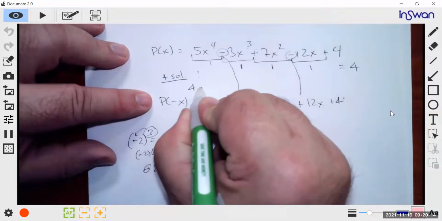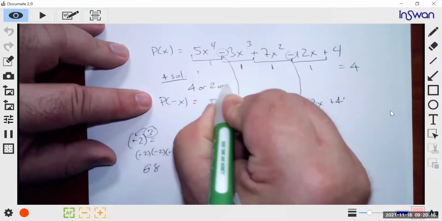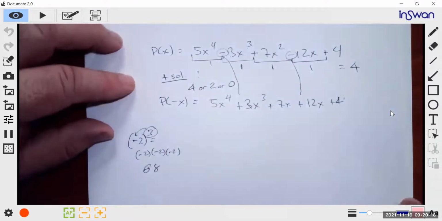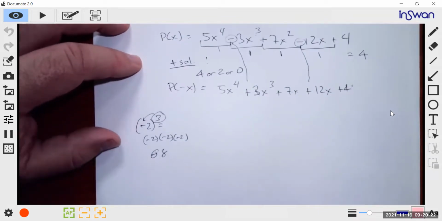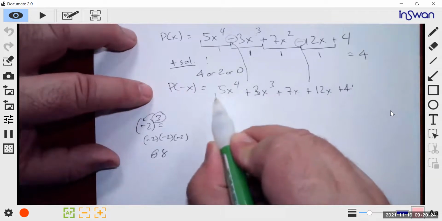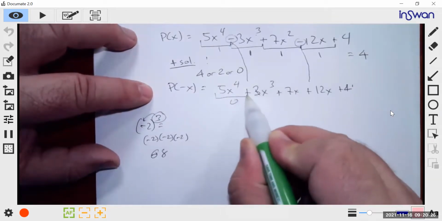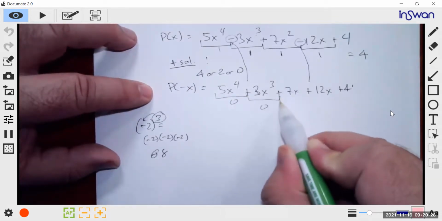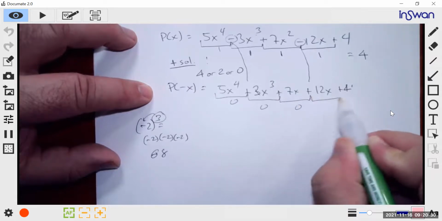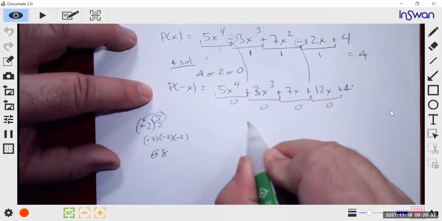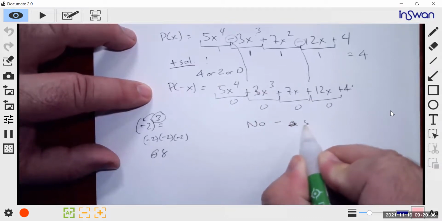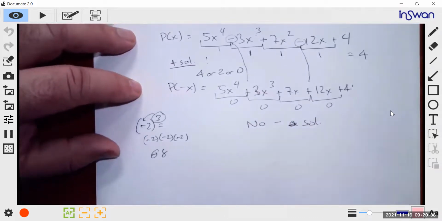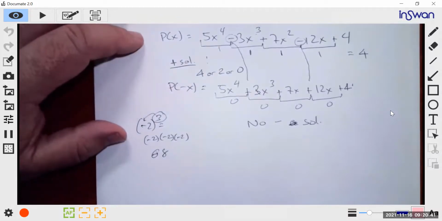We can have 4 or 2 or 0 positive answers, because I subtract 2 each time. Positive to positive, positive to positive, positive to positive, positive to positive. So I know I'm not going to have any negative solutions.